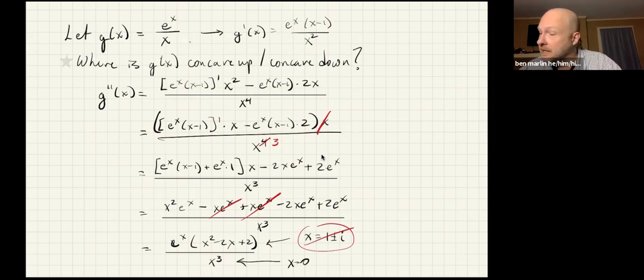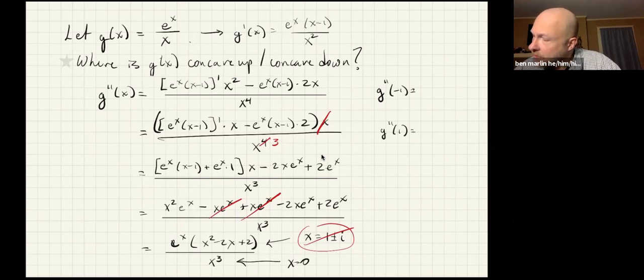And so we have to test some place where the x is negative and a place where the x is positive. So g double prime of -1 and g double prime of +1. Just choose the easiest numbers you possibly can.